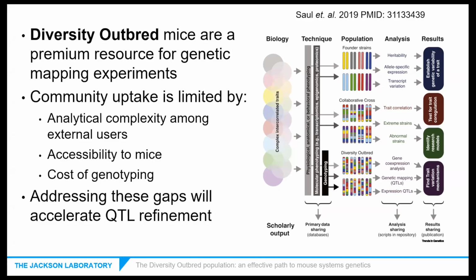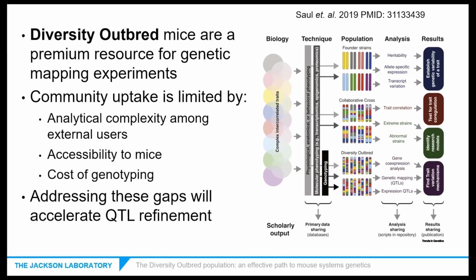And I really like this illustration in a recent paper by Michael Saul showing the relative utility for each of the CC and DO founder strains, extant CC mice, and the diversity outbred population. And one of the things we're interested in doing is increasing community uptake and increasing accessibility to this population.